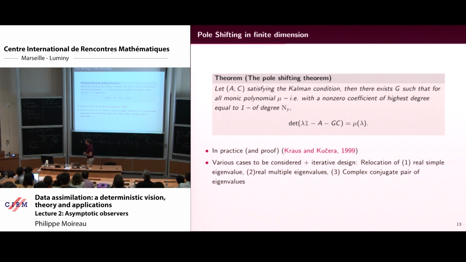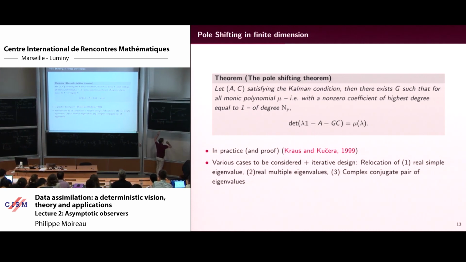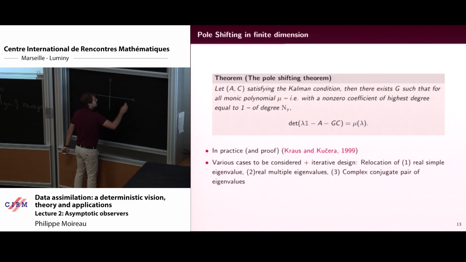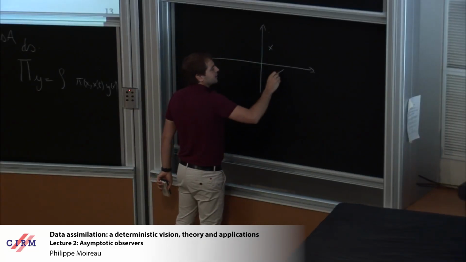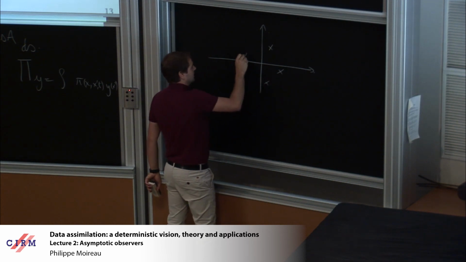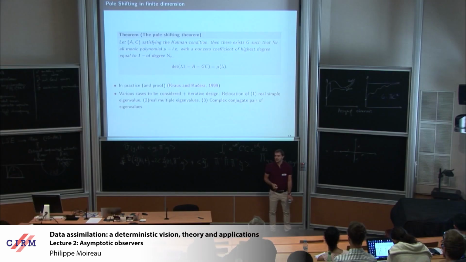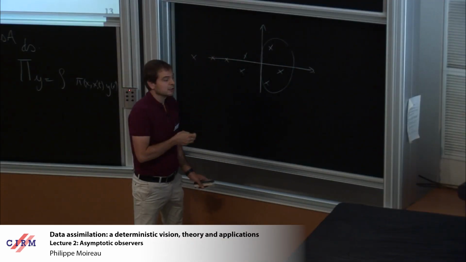Yeah, maybe I need to insist on what I mean. We will have several examples of that. So basically you have the poles of A. Okay, so the poles of A can be, for example, that. And basically these are actually unstable poles.